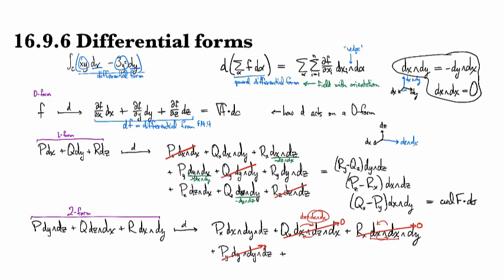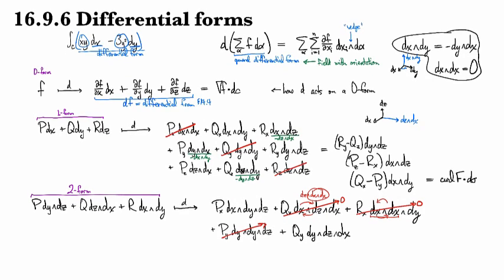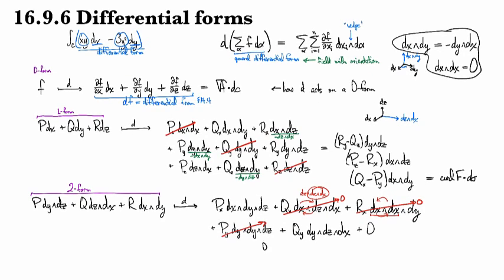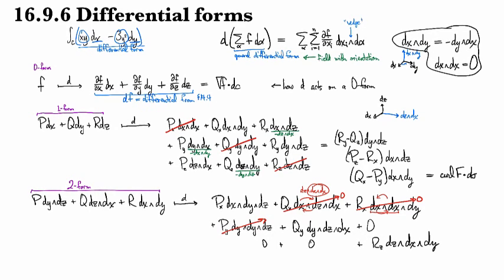So the only one that survives in the second round is qy, and then we have dy wedge dz wedge dx. And then the only thing that survives in the third round is going to be rz dz wedge dx wedge dy. And now let's see what happens.